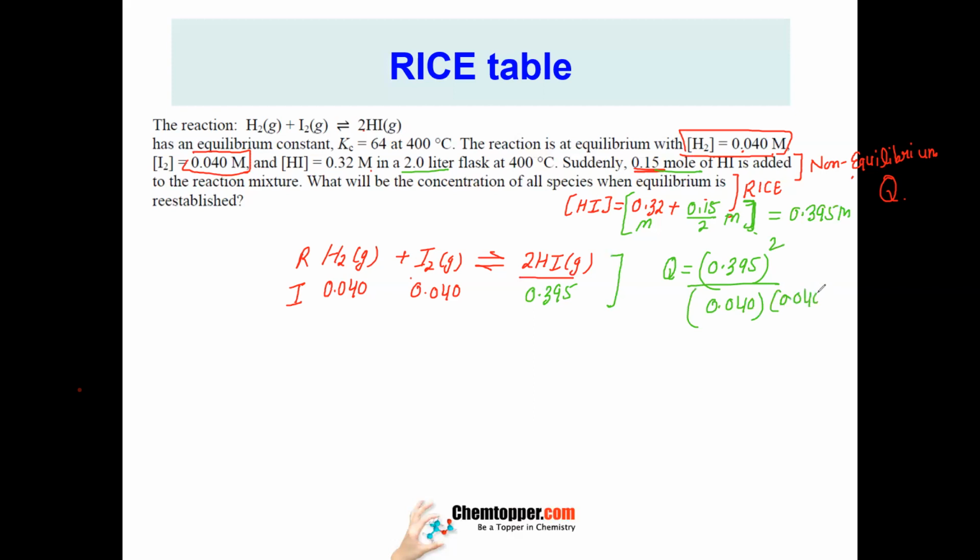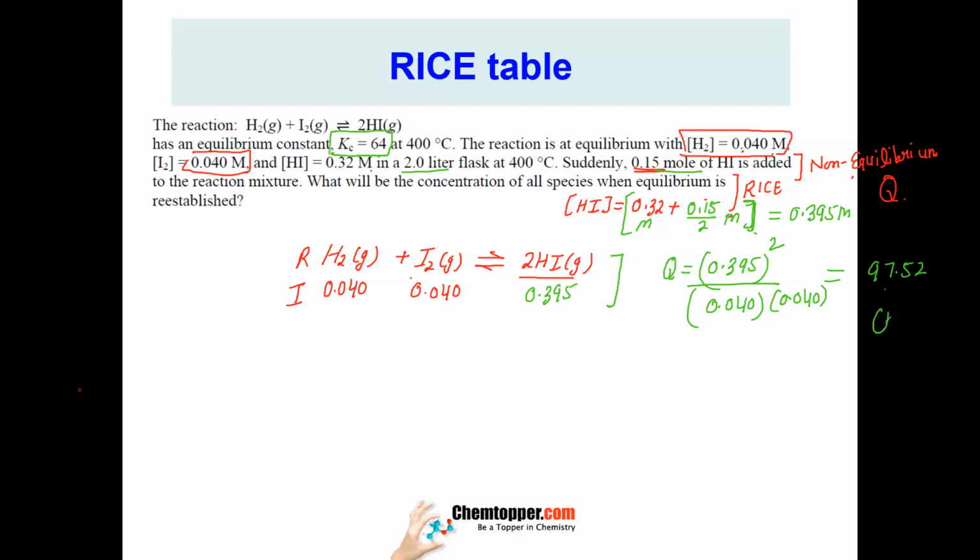How much are we getting? I'm getting 97.52. Compare this Q, children, with K. You can see K here.